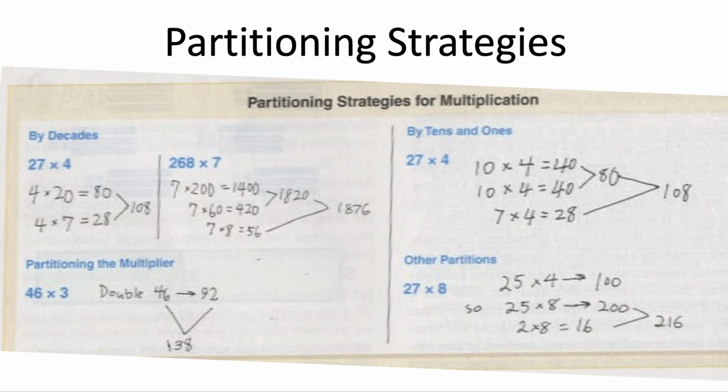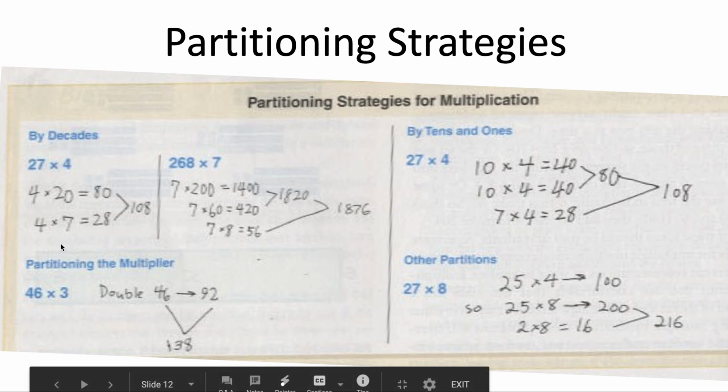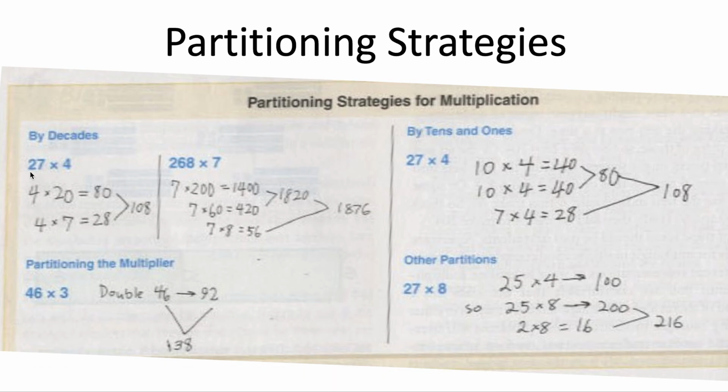Okay. Let's take a look at this strategy. I named it partitioning strategies because this student partitioned the numbers. For example, here 27 times 4, this student partitioned 27 as 20 and 7 and used the distributive property.